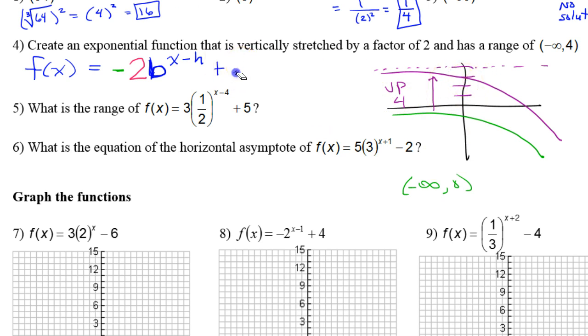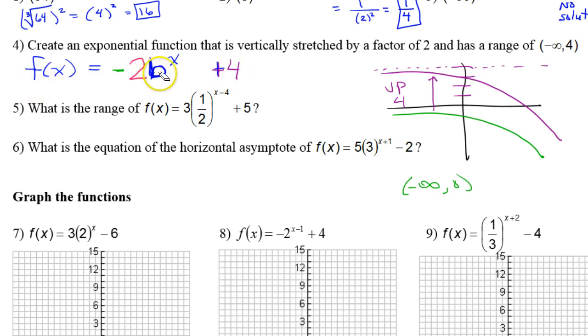So this k value needs to be plus 4. So it really doesn't matter what the b value is, and you don't need an h value. So I'm just going to erase the minus h part. So basically your function is going to take this form.